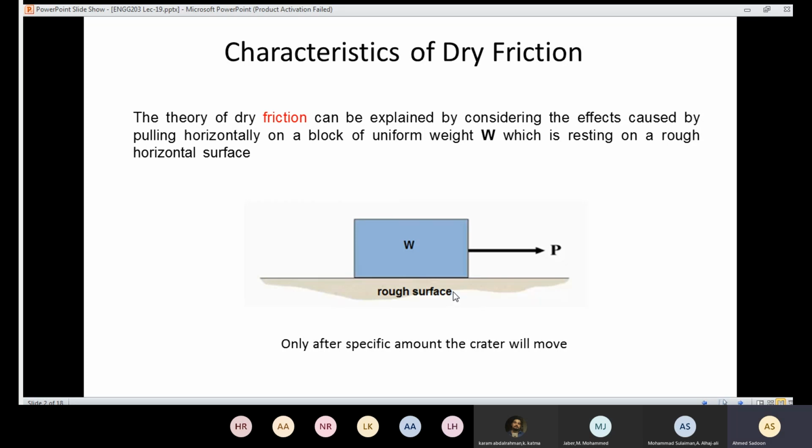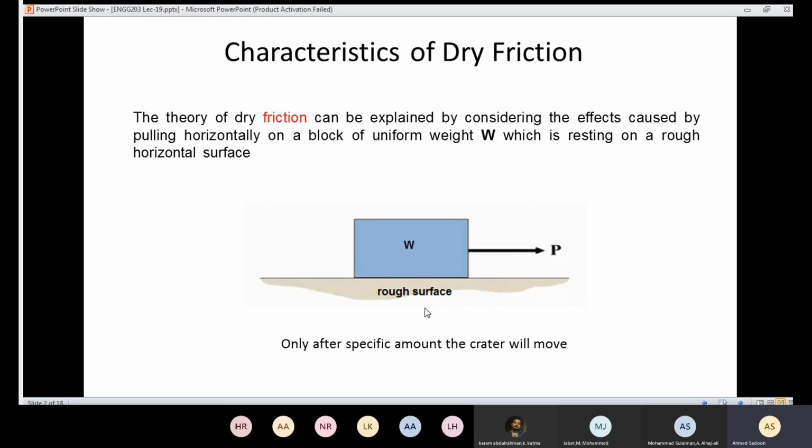So in reality, if you have a box like that and you have a rough surface, if you are trying to pull the box with a force P, you have two options. Either the box is going to stay as it is, which means that you apply a force which is not enough to overcome the forces here.